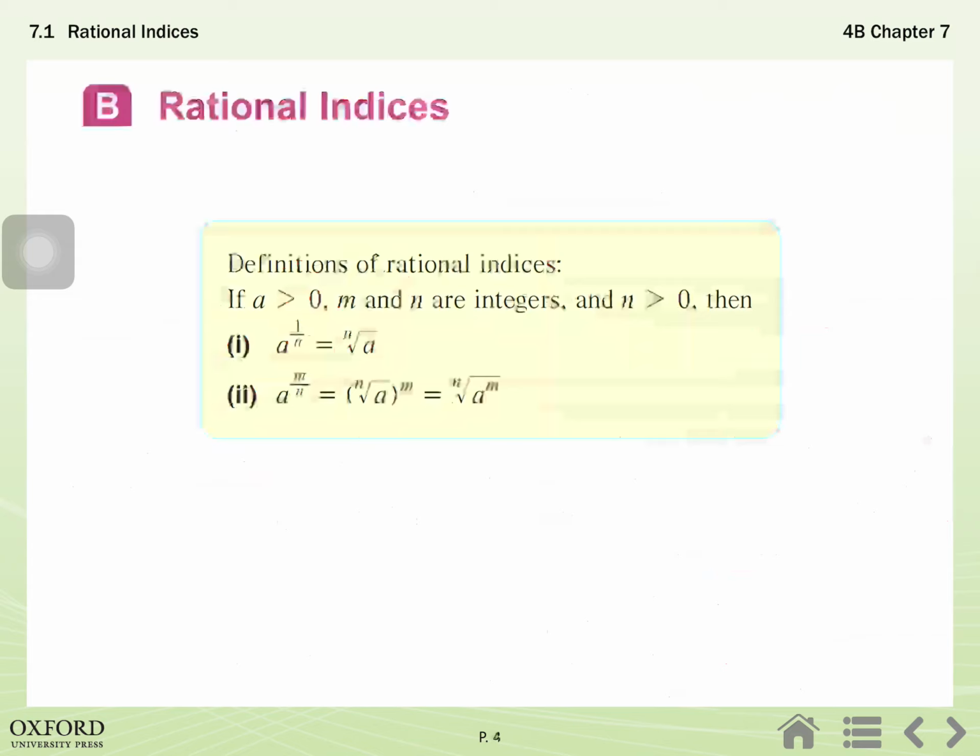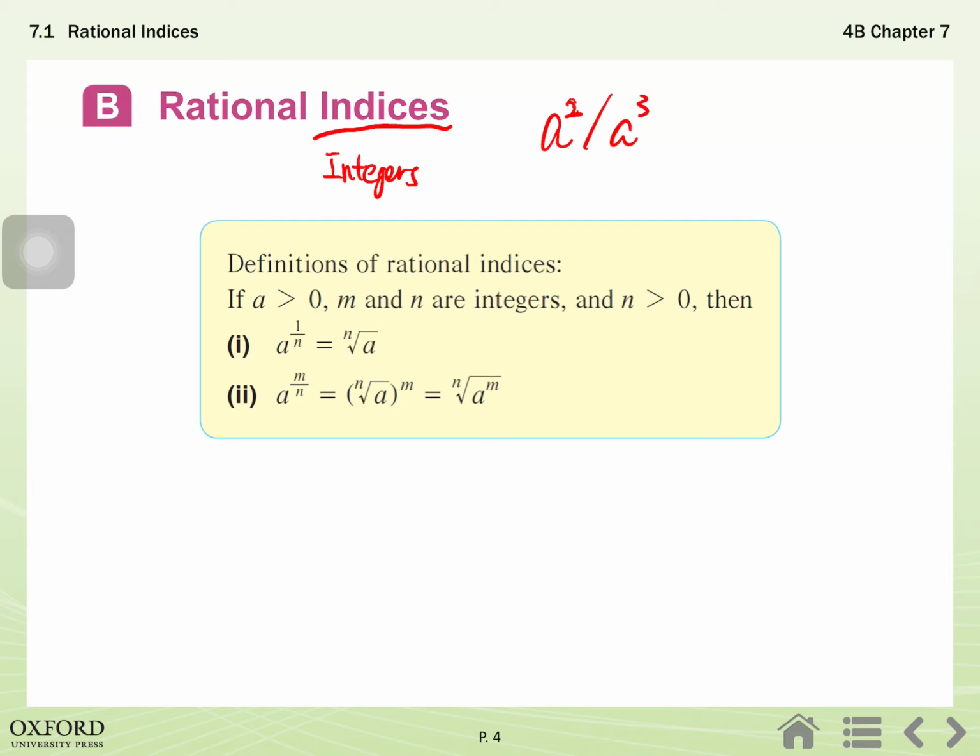Now let's talk about rational index. In the past, you have learned index, but the subject was limited to integers only. So say you are talking about a to the power 2 or a to the power 3, etc. These are integer indices.